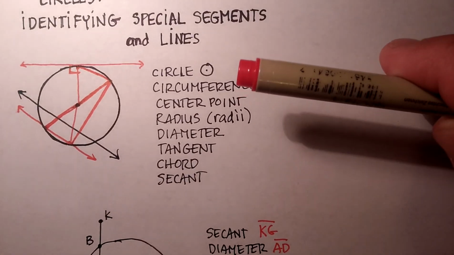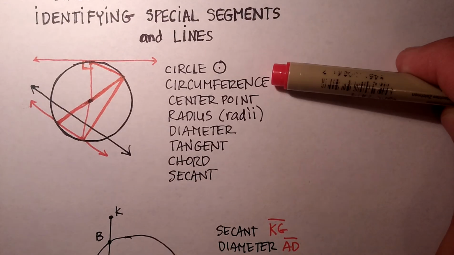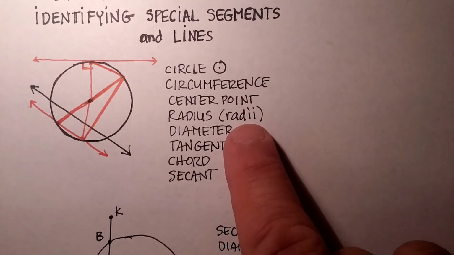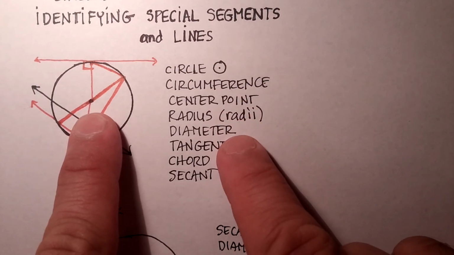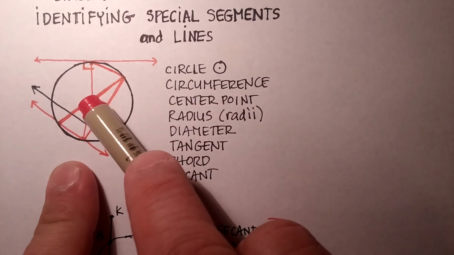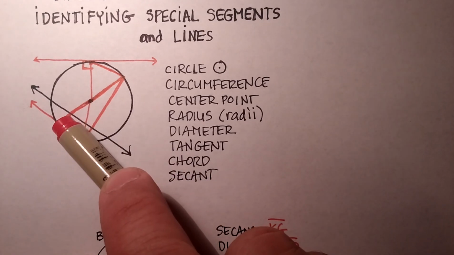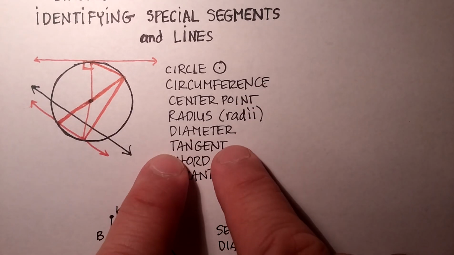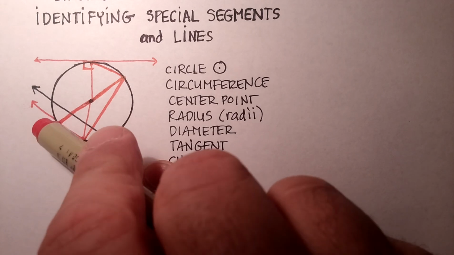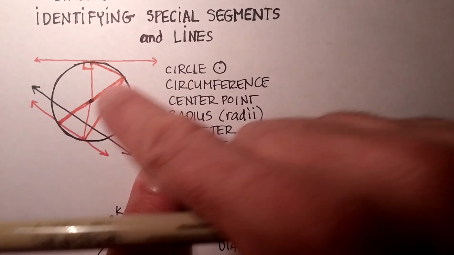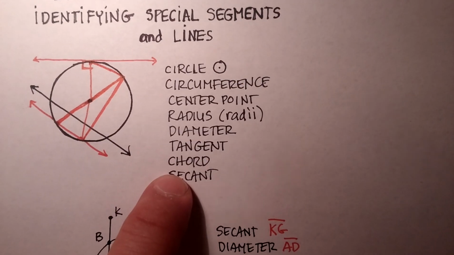Again, a circle is identified like this. Circumference, the outer side. Center point in the middle. Radius, anything from the center to the outer edge or to the circumference. Plural is radii. Diameter goes all the way from one end through the center in a straight line to the other end, to the circumference.